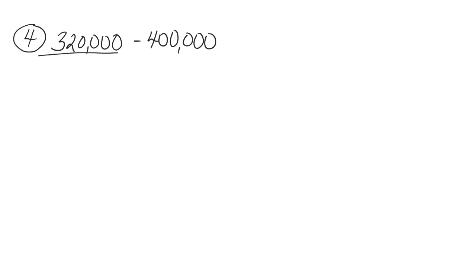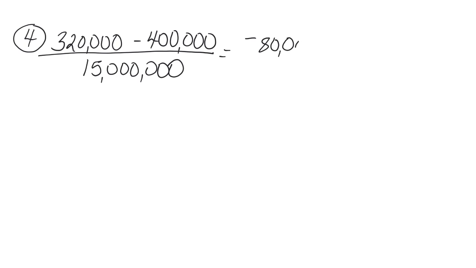Going on to number 4. What is the growth rate for a country that has a total population of 15 million with 320,000 births and 400,000 deaths? So when we do this math, we're going to end up with a negative 80,000.